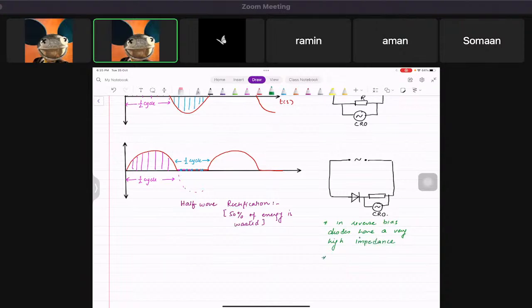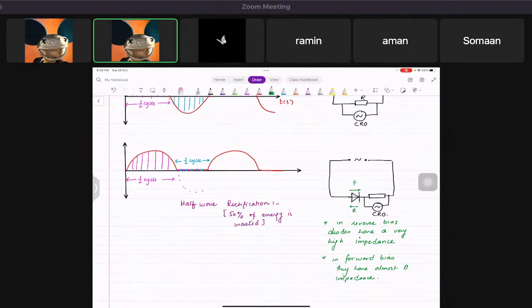And in forward bias, meaning when it's going this way, this is forward and this is reverse, they have almost zero impedance, meaning very, very little resistance.